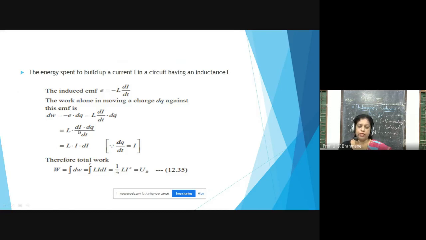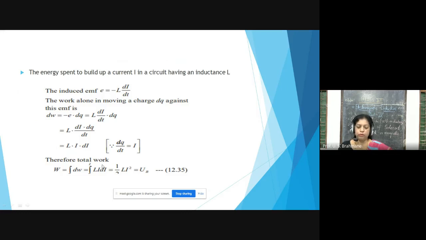Now L dot di dot dq upon dt, you know the rate of change of charge is nothing but current. So dq upon dt is I. So it is equal to L dot I dot di.